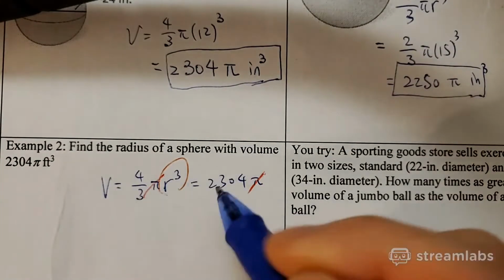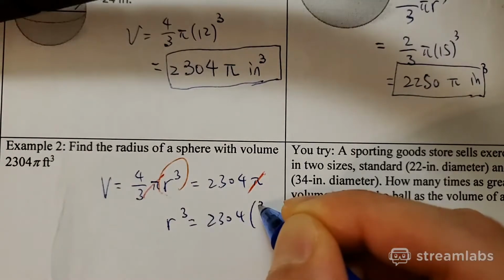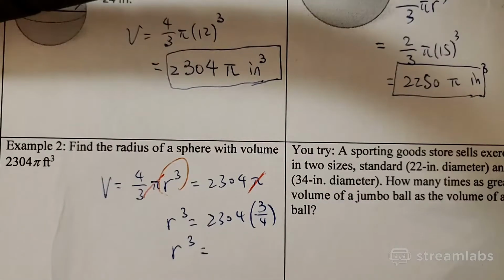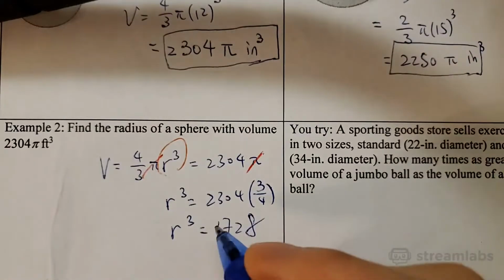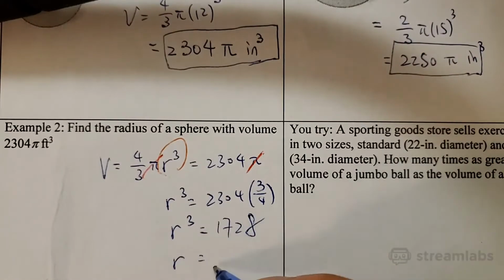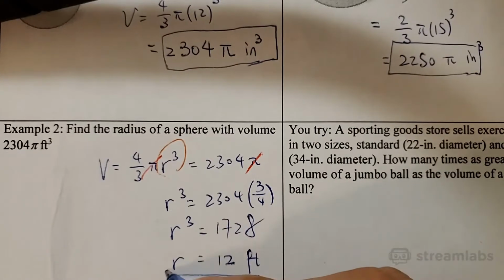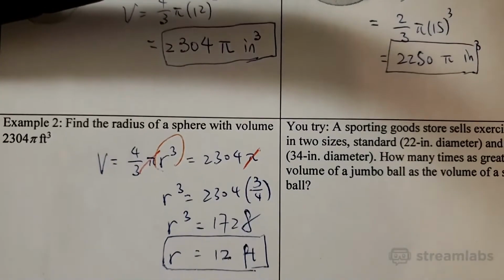And then you multiply 4/3 over, right? 3/4, right? So r cubed ends up being 1728. Then you take the cube root of this, you'll get 12. Units is in feet, so feet. That makes sense? So it's like the opposite. Okay?